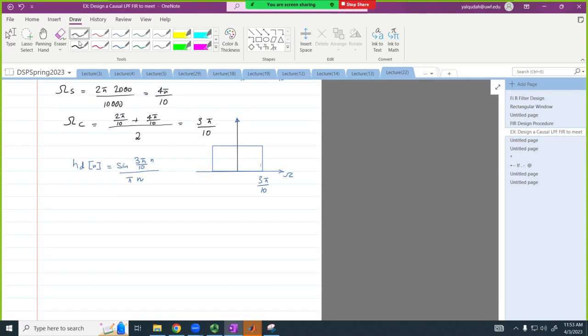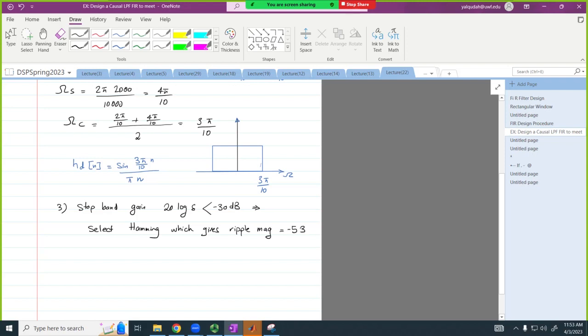So the third step, we want the stop band gain, which is the 20 log delta, to be less than negative 30 dB. And therefore, we're going to select the Hamming window, which gives us a ripple magnitude that is negative 53.